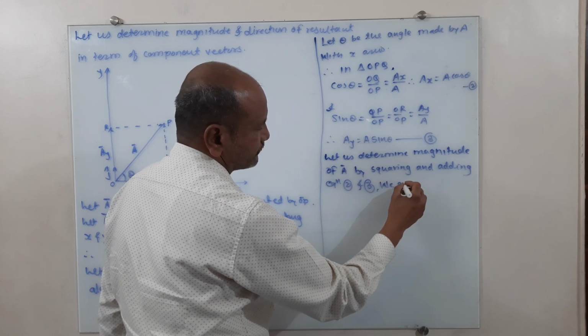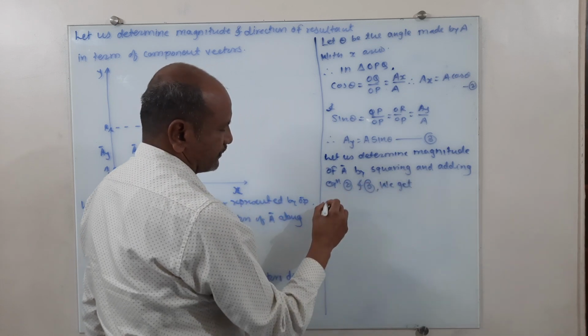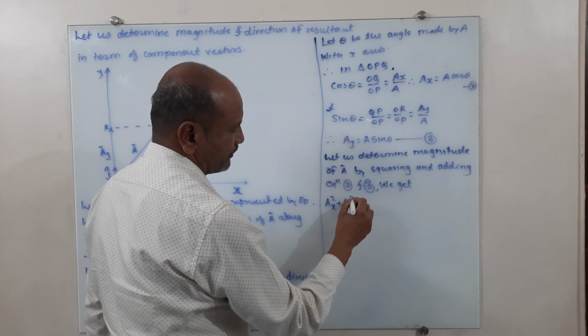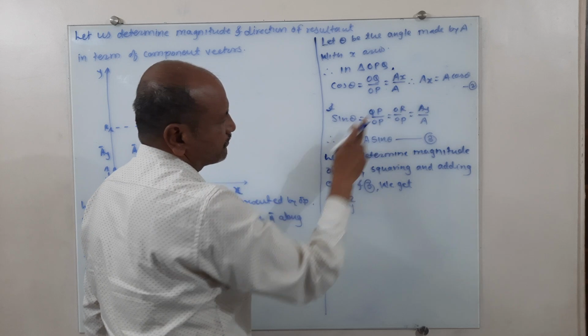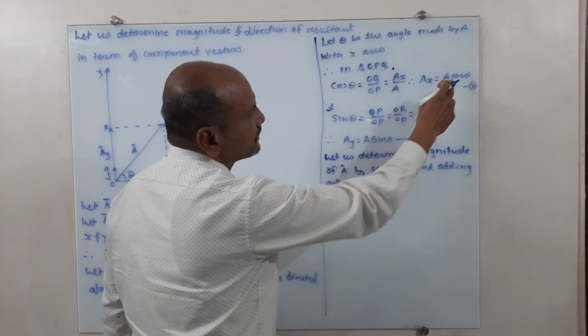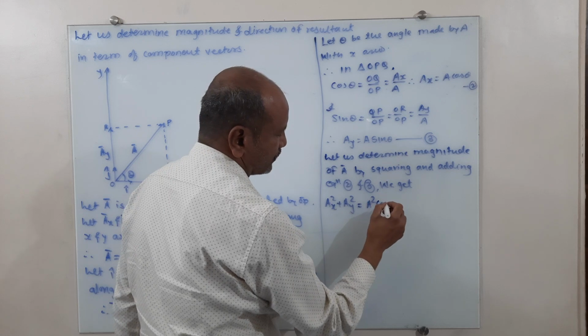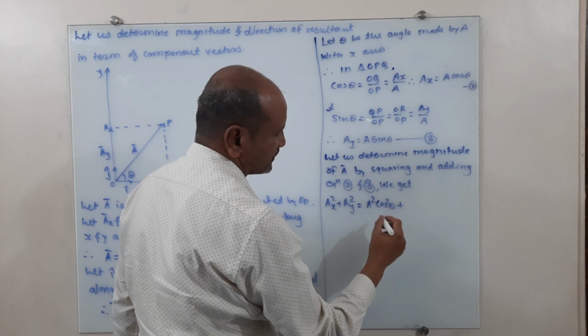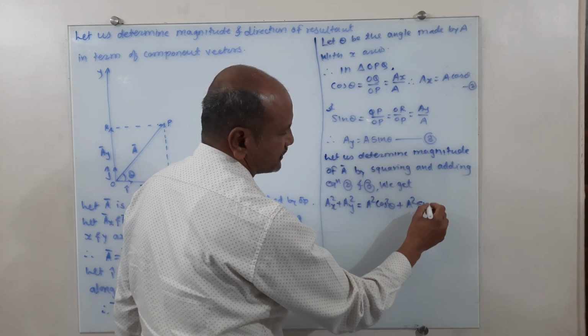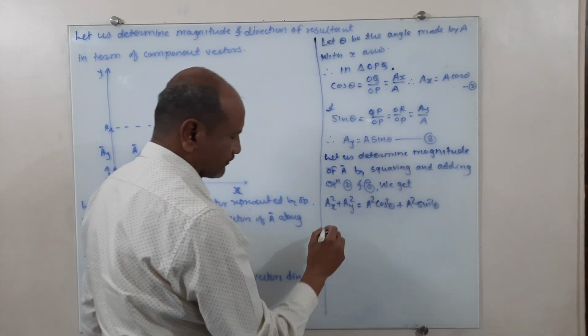We get AX square plus AY square. AX square plus AY square is equal to A square cos square theta plus A square sin square theta.